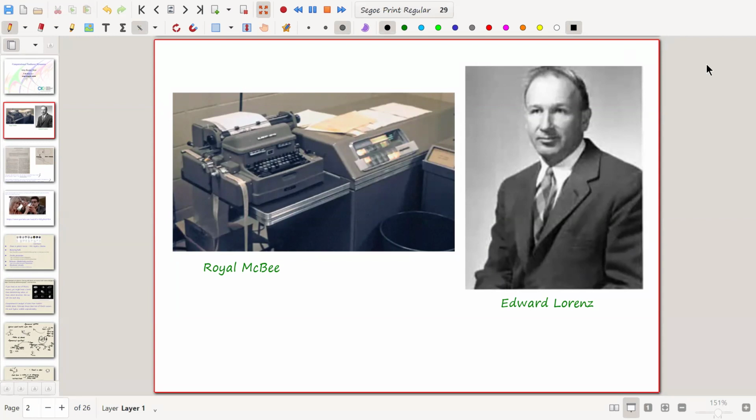Inside you can see his picture, Edward Lorenz, and on the left you see his supercomputer. At that time, around the 1960s, he named it, I think the name is Royal McBee. If you read this book, it mentions his supercomputer, Royal McBee.